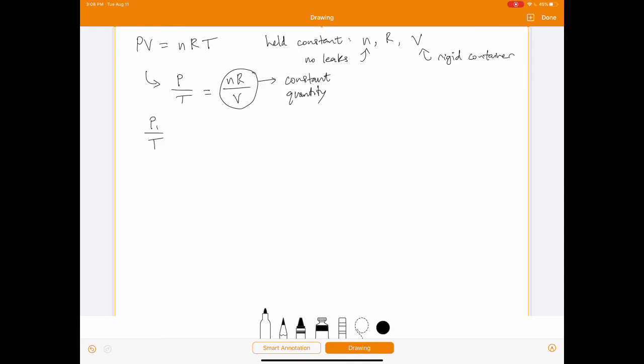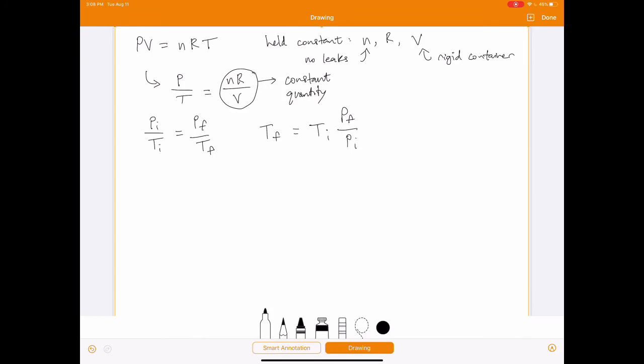So P initial over T initial, the initial pressure divided by the initial temperature, should equal the final pressure divided by the final temperature, because again, that's a constant quantity. So we can solve for the final temperature. That's what we want. It's the initial temperature multiplied by P final over P initial.